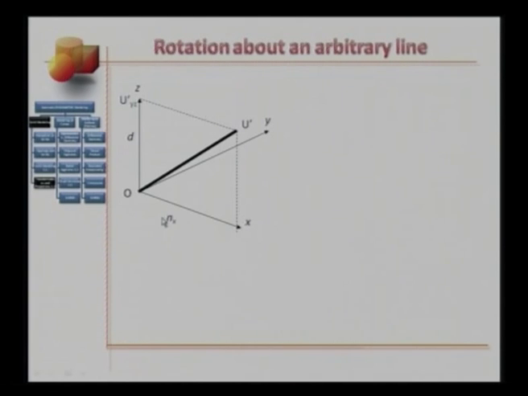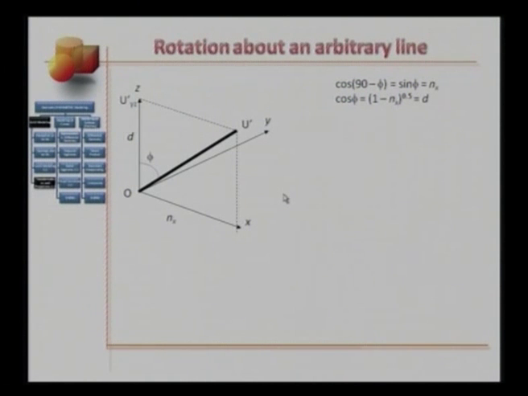The direction cosine nx will not change because the previous step was rotation about the x-axis. All we need now is to rotate OU prime by an angle phi about the y-axis so that the line coincides with the z-axis.